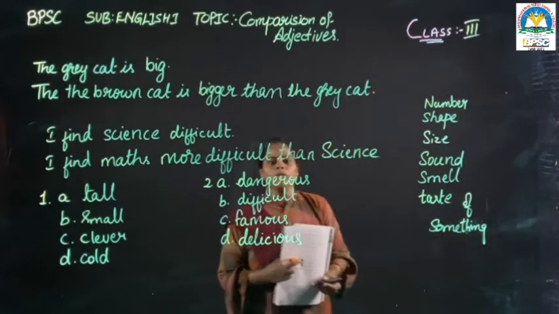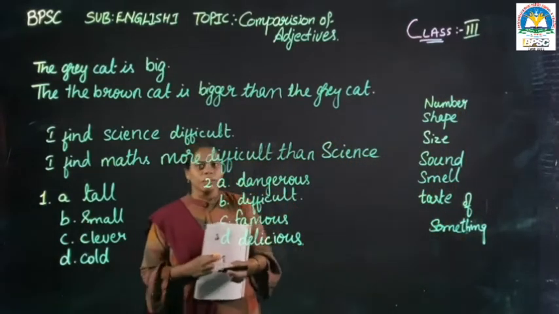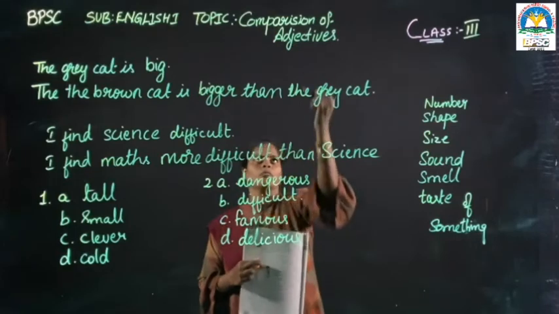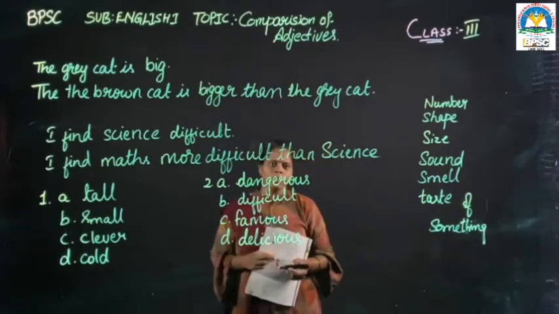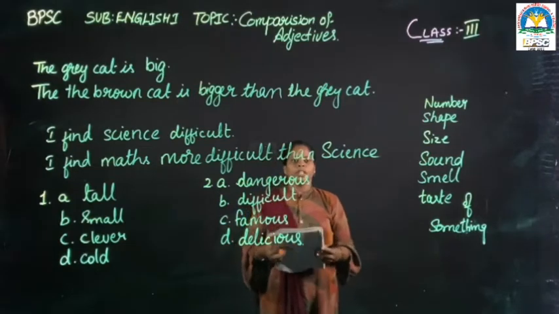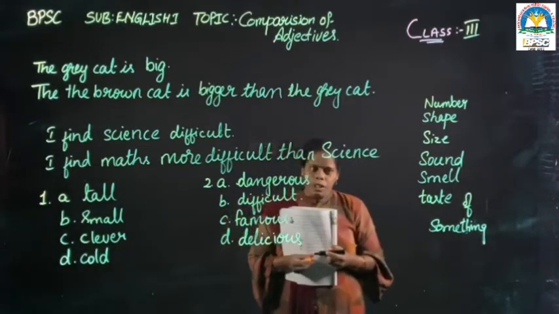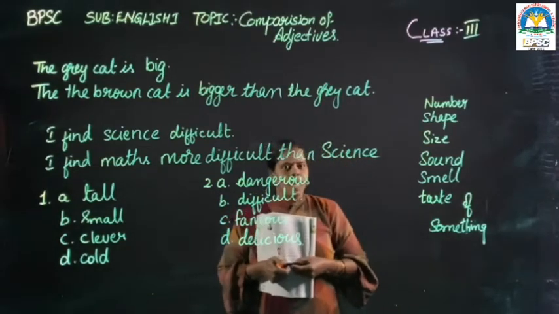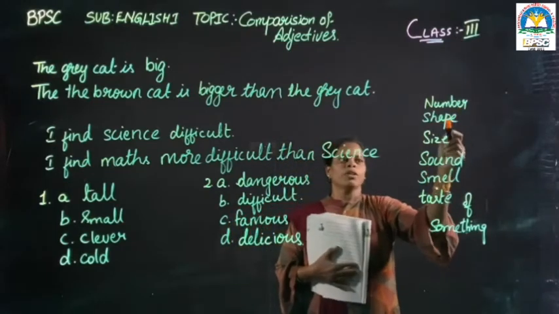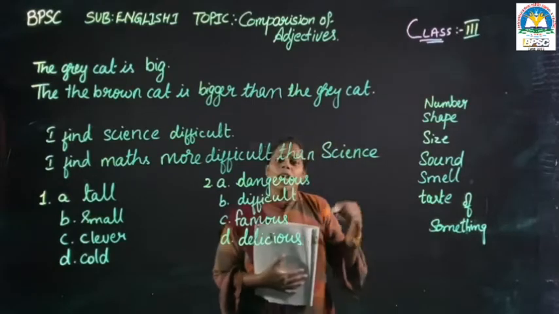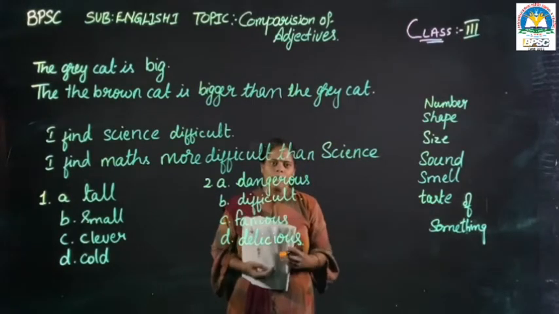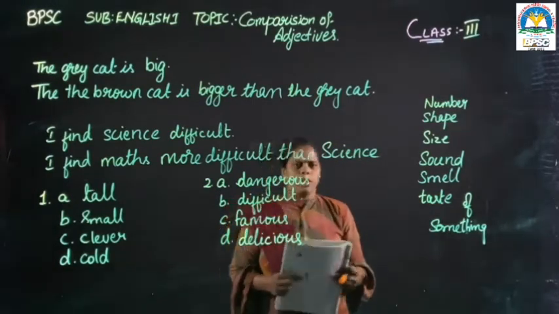Before going to comparison of adjectives, you have to know what an adjective is. What is an adjective, children? An adjective is a word that describes number, shape, size, sound, smell, taste of anything. So, flower.